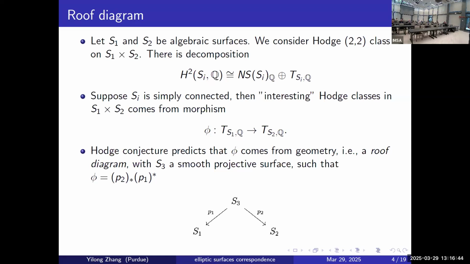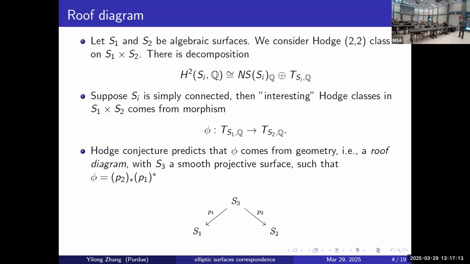Sometimes you may consider non-simply connected surfaces, which certainly have contributions in the H1 terms, but if we assume the surface is simply connected, there is no contribution from these terms. Finally, the only contribution you are looking at is H2 with H2, meaning you are looking at the weight two Hodge structure on both sides and considering that product.